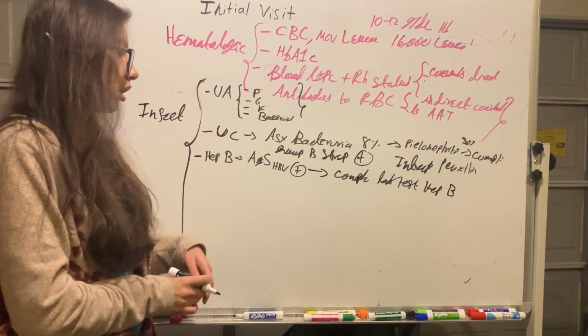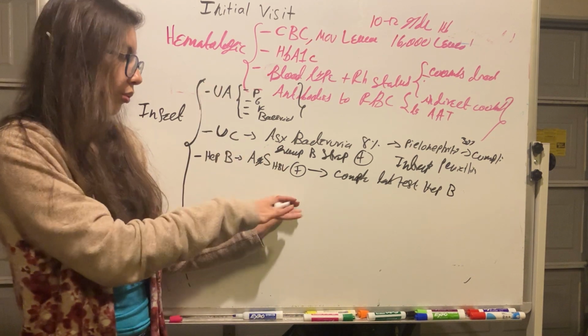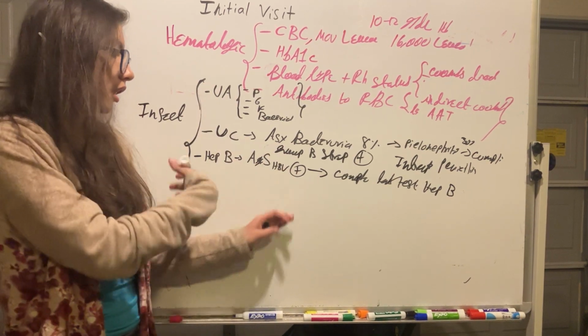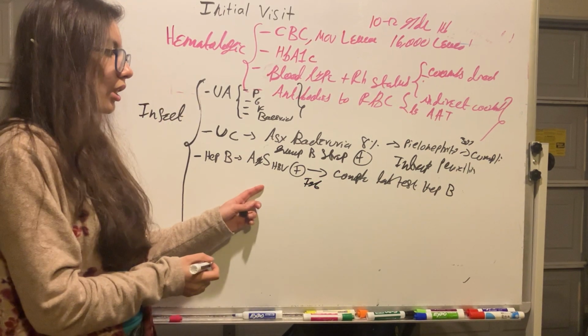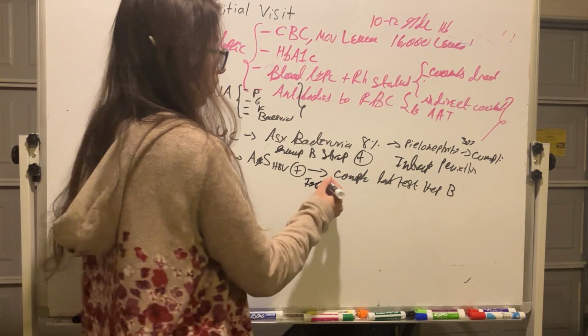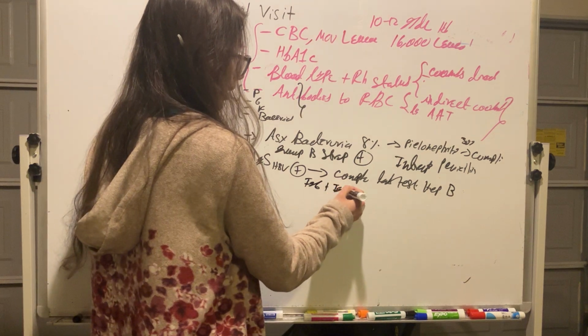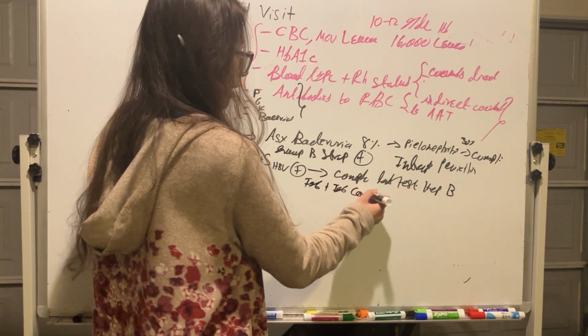If the patient has had infection with hepatitis B, then she will have IgG antibodies to surface antigen, and she will also have IgG antibodies for the core antigen.